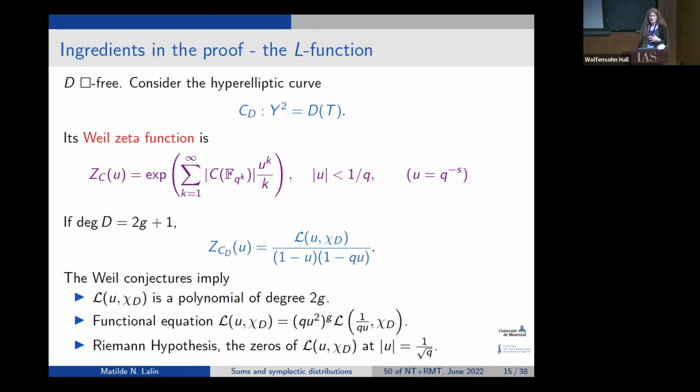The way I'm setting things so that the degree is odd has to do with having the character odd. I could have things for even, but it will be just different models for the same object. So it's better to fix odd and just choose a model.